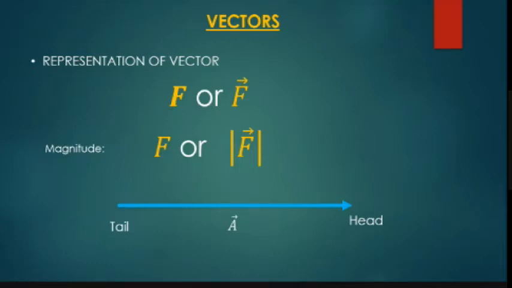In order to diagrammatically represent a vector, you have to draw an arrow. While drawing the arrow, you should take care of two things. How will magnitude be represented? Here I am drawing two arrows. This is vector A and this is vector B.